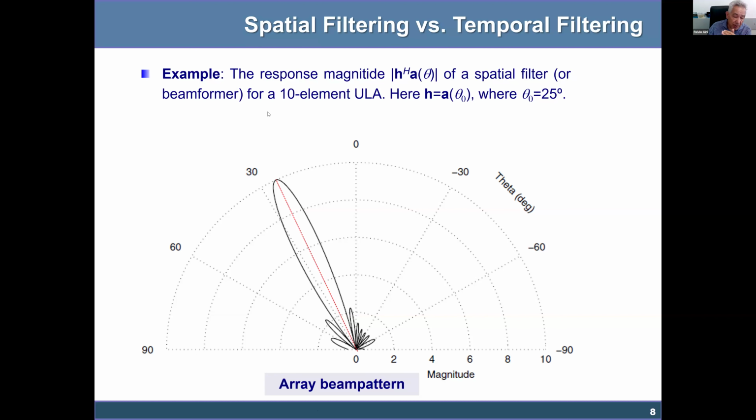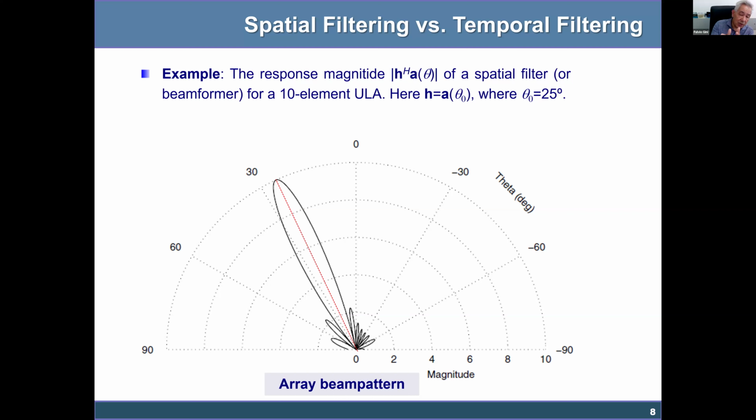So when you implement, for example, this beam pattern, what is the result? The result is basically that you allow to pass at the output of the spatial filter all the signal coming from 25 degrees, and then you attenuate through the side lobes all the signal coming from different angles.